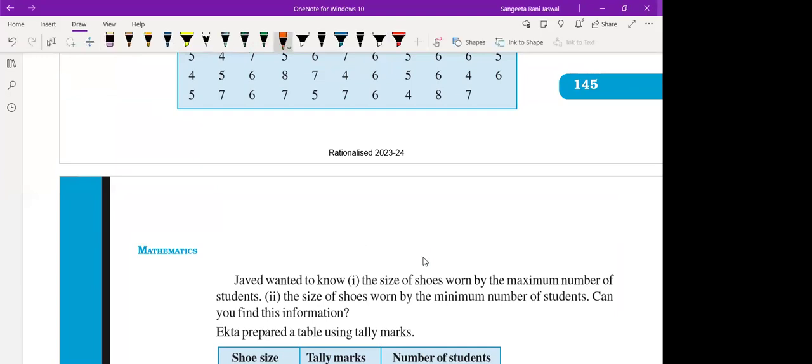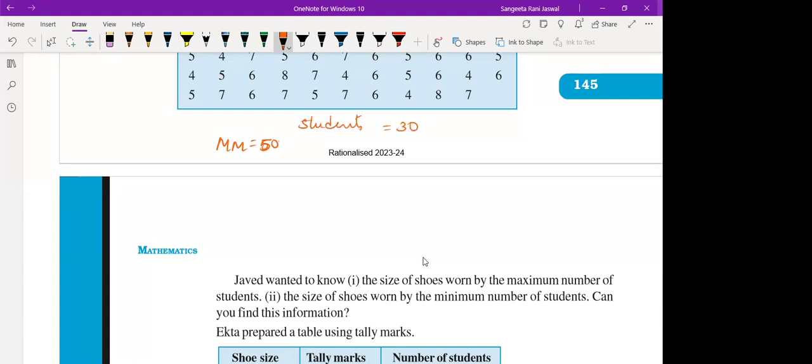Okay, the first thing is that we use the tally mark form, right? What are those tally marks? Now, suppose I have a data, say, in your class you had a test out of 50, maximum of 50 marks. Say in your class, total students are 30.